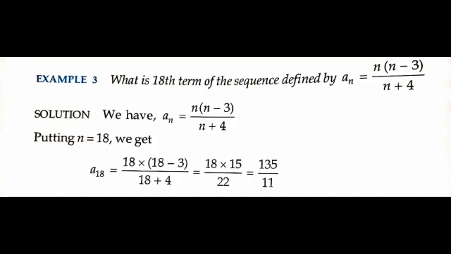And we want to find the 18th term. So we will have to consider n is equal to 18. And we get A18, that is 18th term is equal to 18 into 18 minus 3 whole divided by 18 plus 4, which results in 18 into 15 divided by 22, which is equal to 135 by 11.